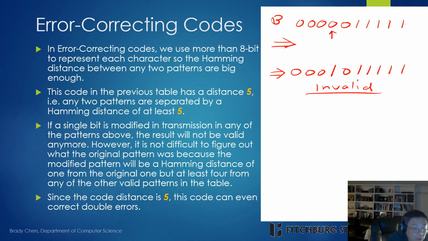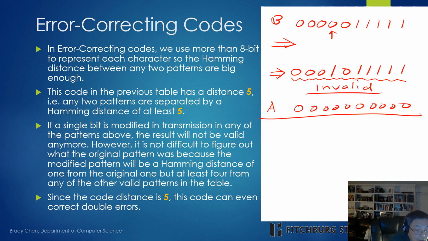Yes, we can compare this bit pattern with any of the bit patterns defined in the previous table. So we can compare this bit pattern with A, which is 0, 0, 0, 0, 0, 0, 0, 0, 0. And then we find out the Hamming distance is 6, right?